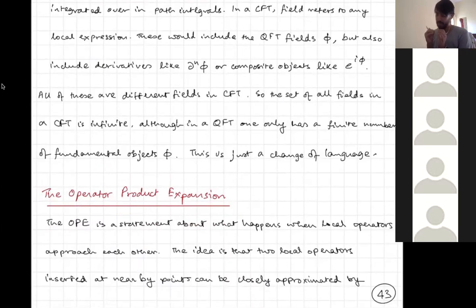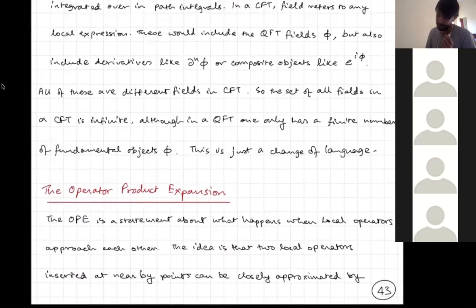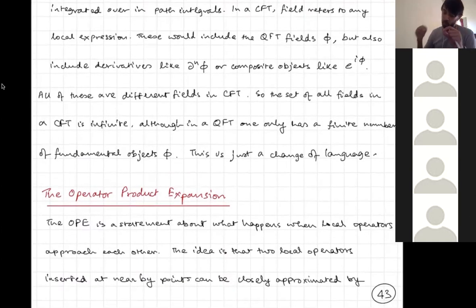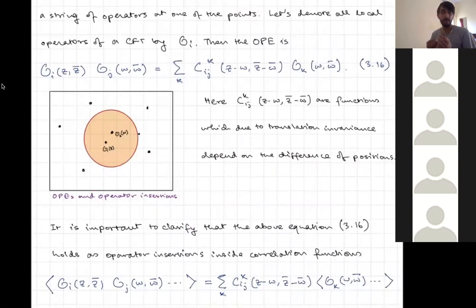When these approach each other, the idea, in a sense, is that if you have two local operators inserted at nearby points, these can be closely approximated by a string of operators at one point.